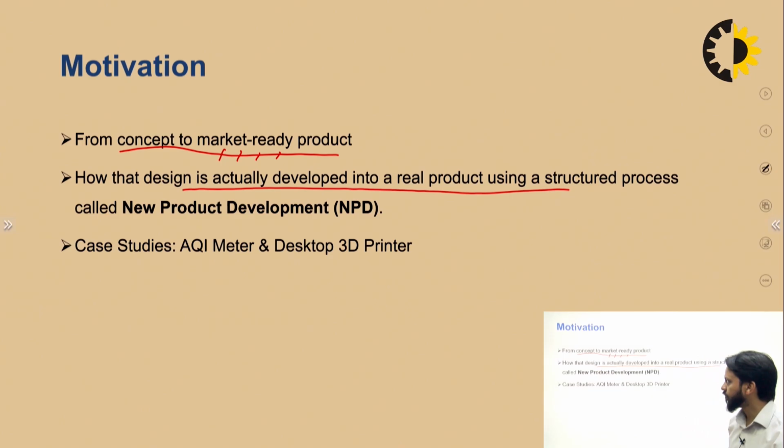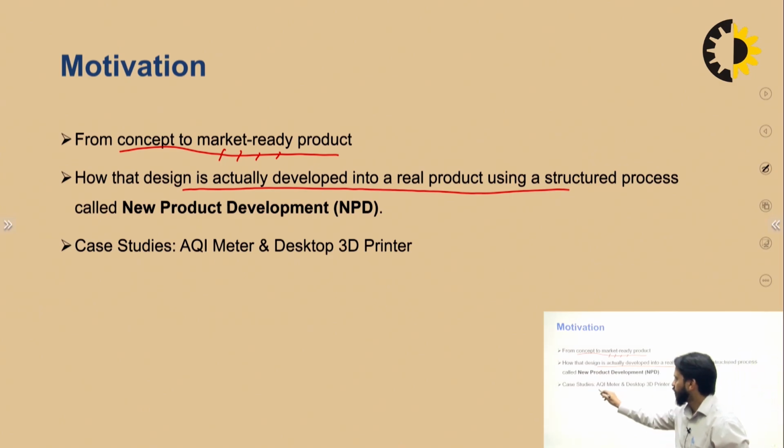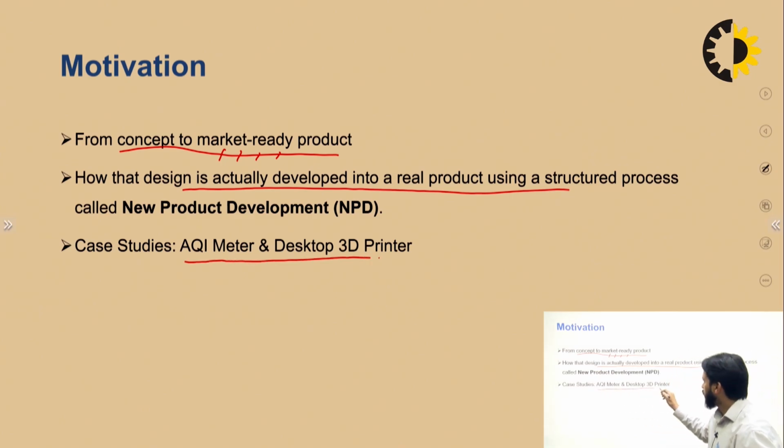lecture. And again, as I said in the previous lecture, we will take these two examples: the AQI meter, which is the air quality index meter, and a portable or affordable 3D printer. We will continue our journey with these two examples to understand each and every step.